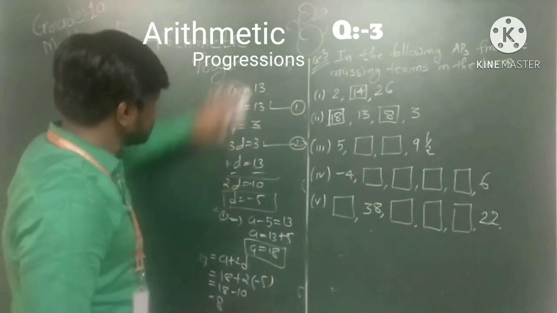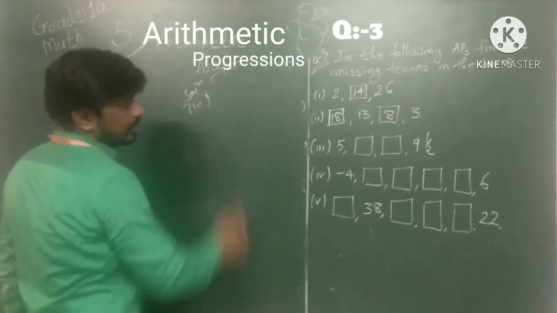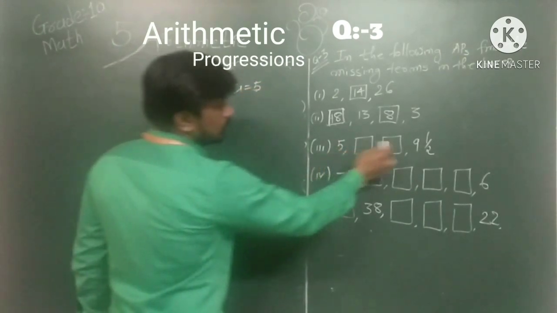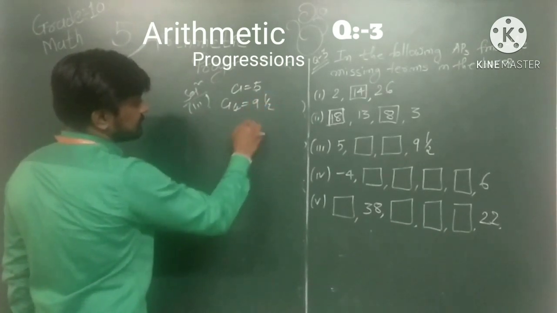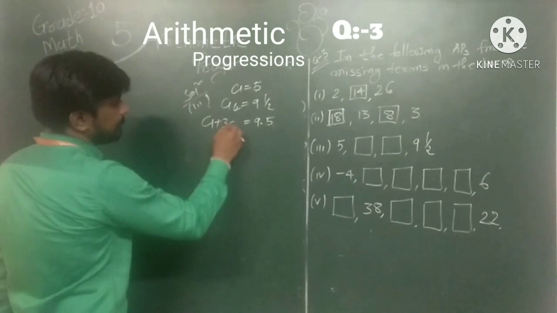Now look, third one. What is the example third? Here we are given that A is equal to 5 and A4 is equal to 9 integer 1 half, that means 9.5. Okay, what is the formula of A4? A plus 3D.